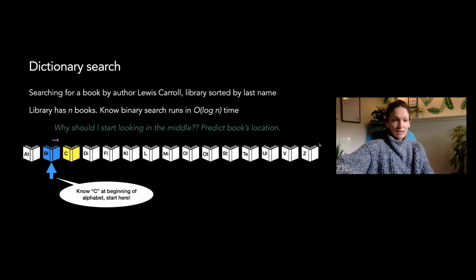So you can do this. Maybe I take a guess at where my book is, and I guess that it's around here in this second position. Okay, so I've started a little bit too early.